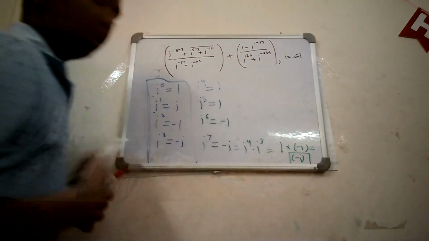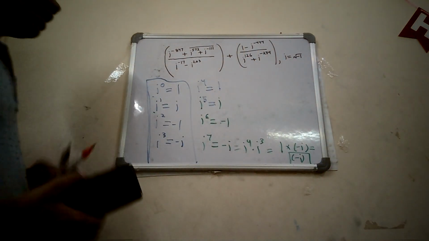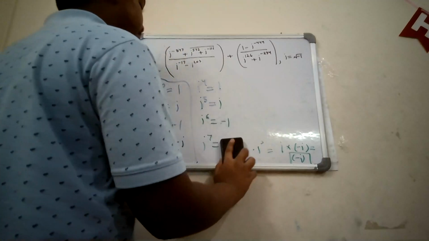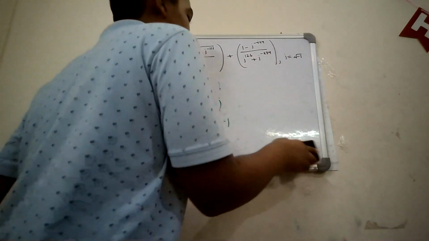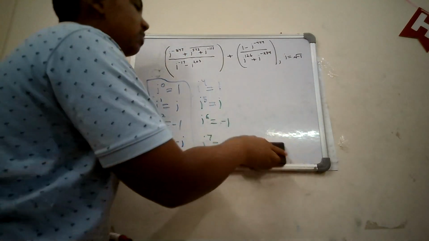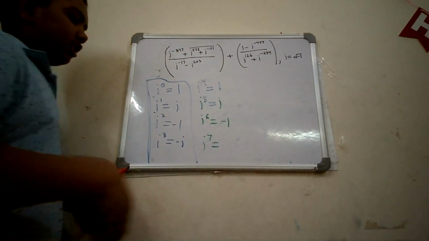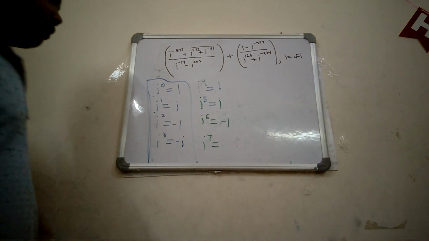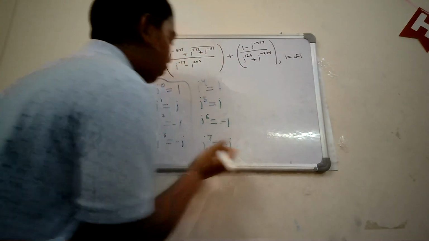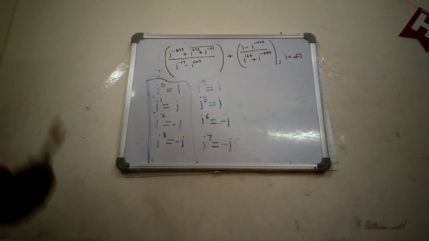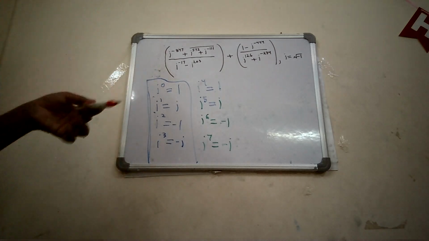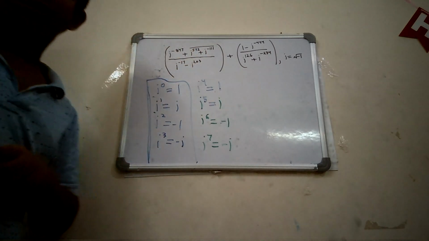Perfect. So this way we can find any power of i. Another trick is, as explained, we divide the power by 4, which I already explained in a previous video. But don't worry, we're going to reinforce that concept in this video with this problem.